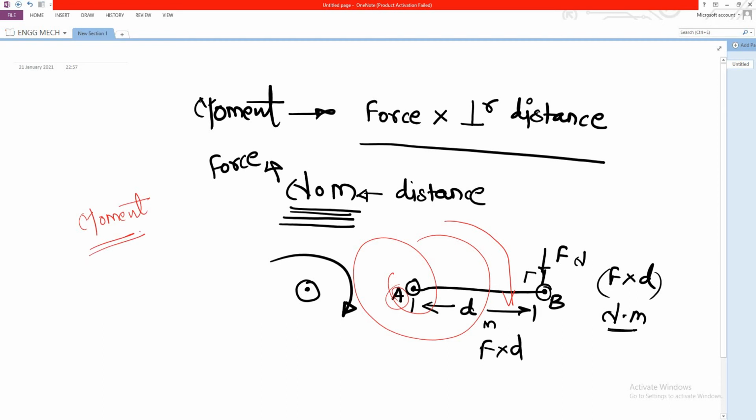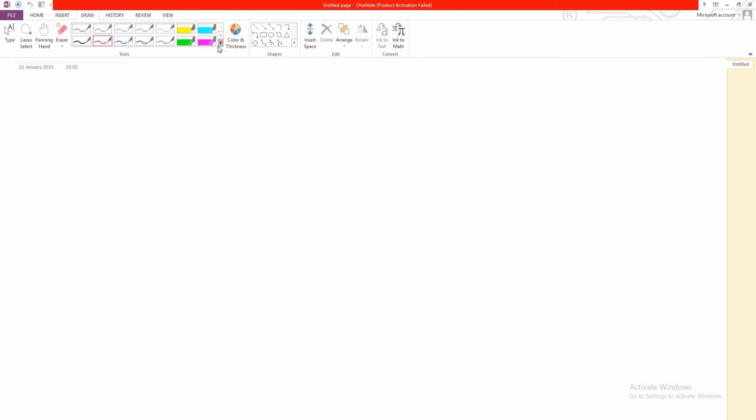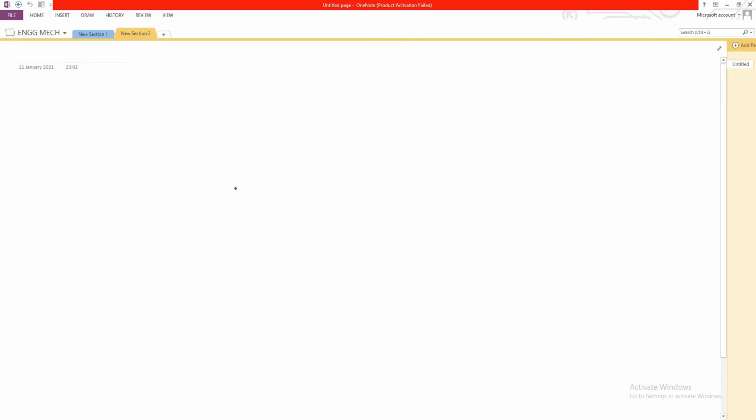Rotary effect. Now let's talk more about the sign convention that we are going to use in moment. When we say a moment creates rotary effect, the output of moment is rotation. Now the rotation can be in two directions.